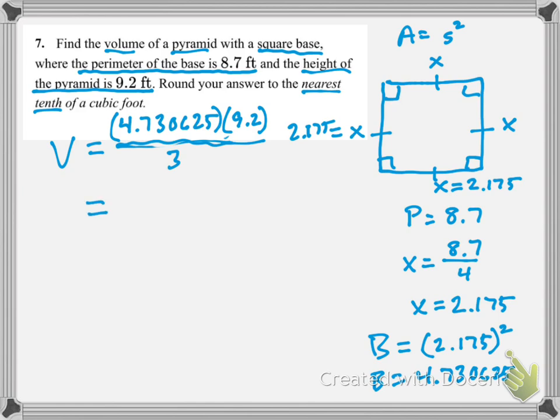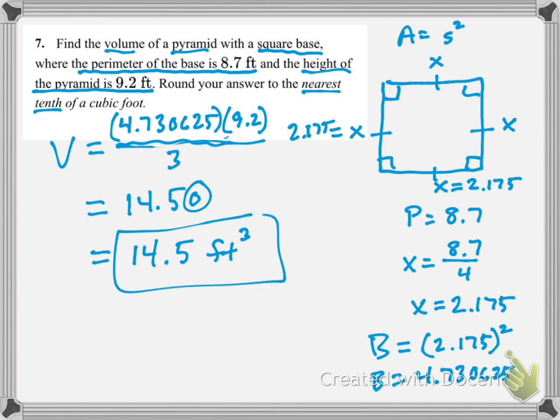Times 9.2 divided by 3. So nearest tenth, I get 14.50. Well, 0 doesn't do anything, so 14.5 feet cubed.